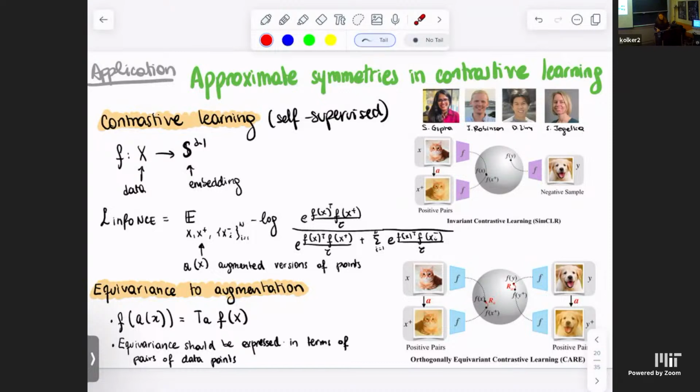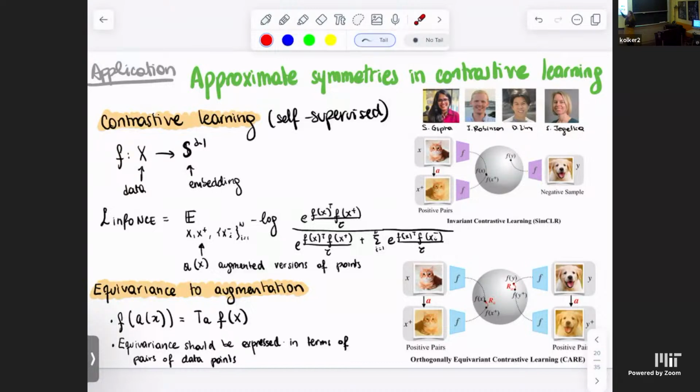So how do you make this representation learning equivariant with respect to these augmentations? An interesting fact is that the augmentations do not typically form a group, because there's only so much yellow that you can make an image. You cannot compose this infinitely.